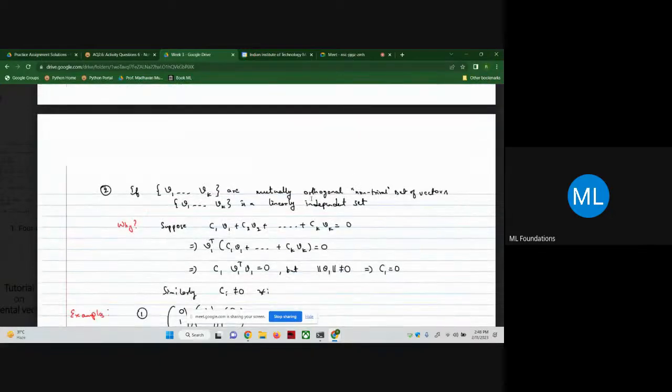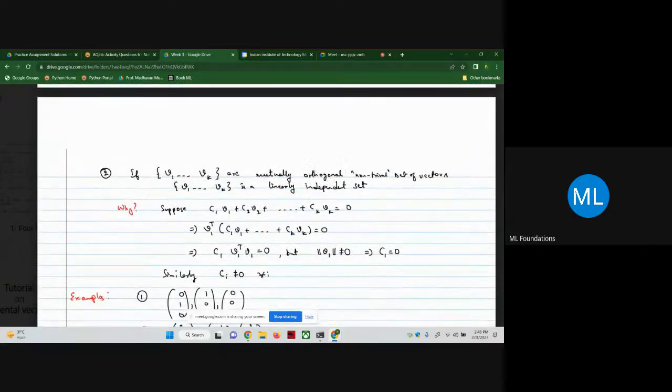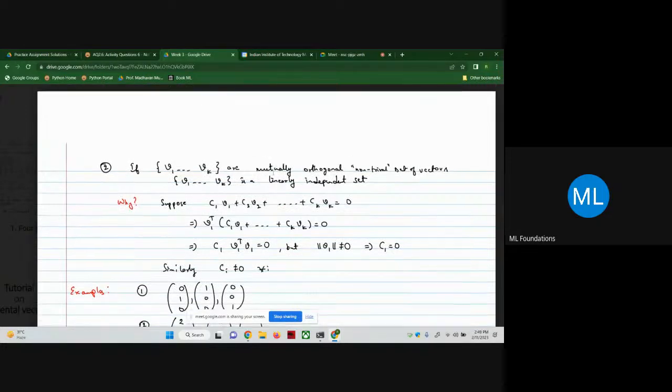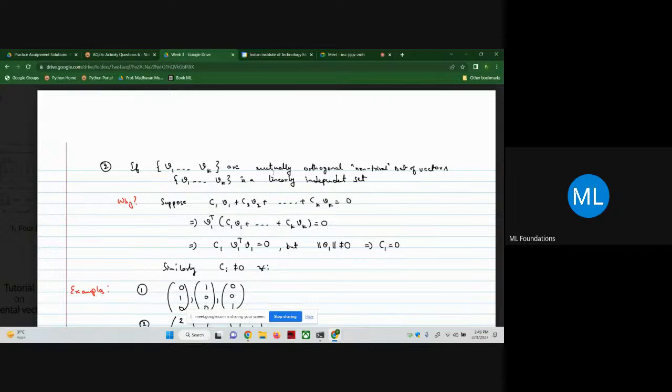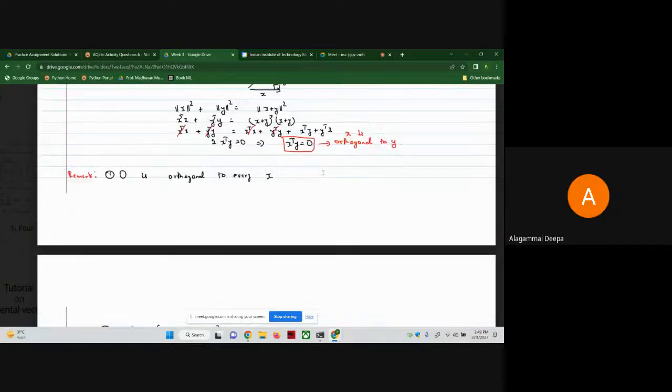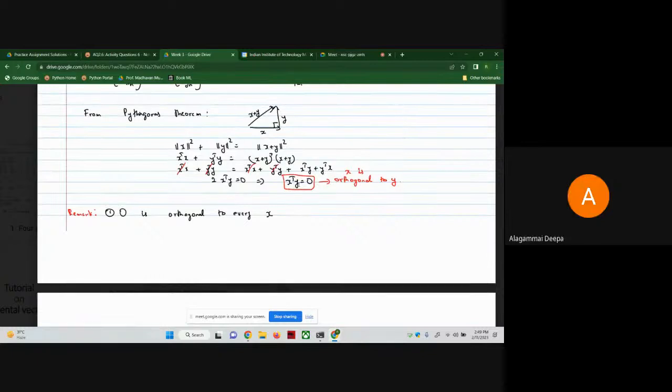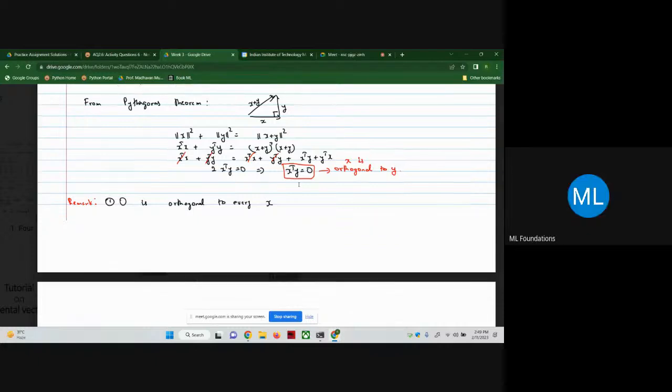The reverse is the same: y transpose x will also be 0. Calling one vector x and the other y is just nomenclature; you could do it the opposite way.